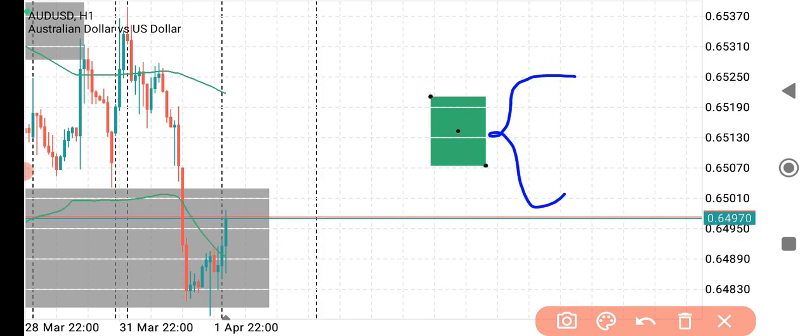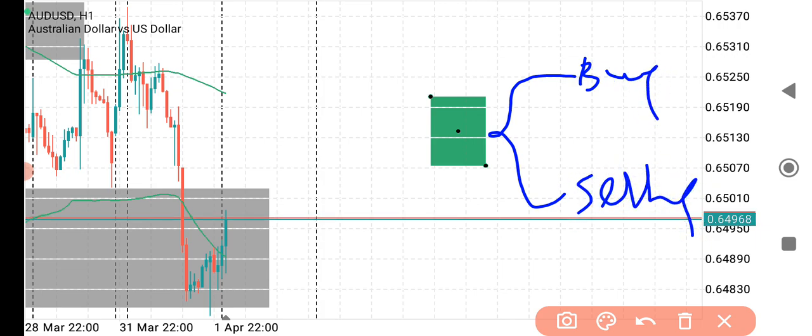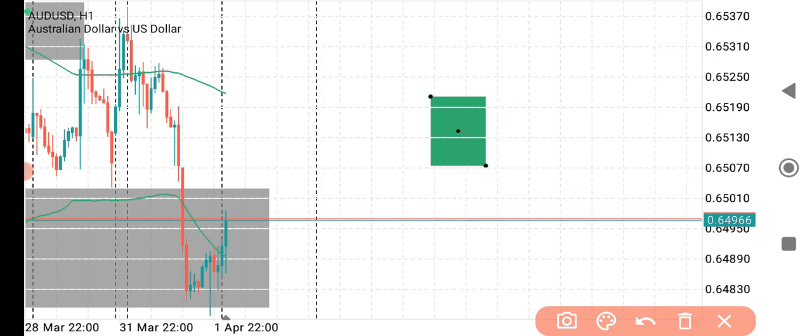Every candlestick comprises both scenarios. That is the first thing I want you to take note of.